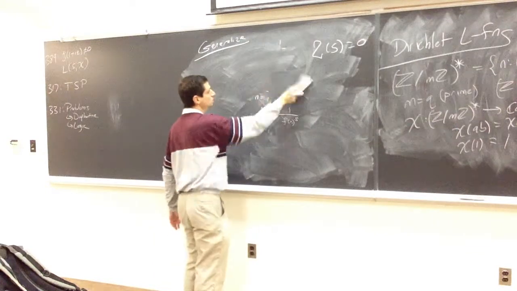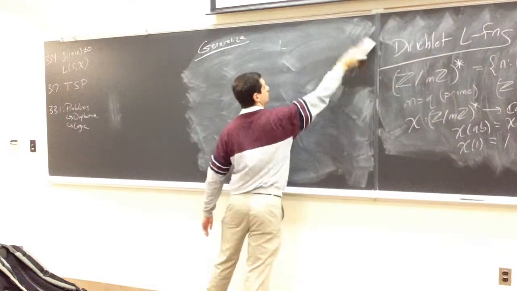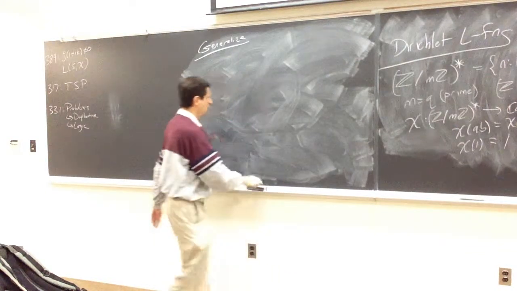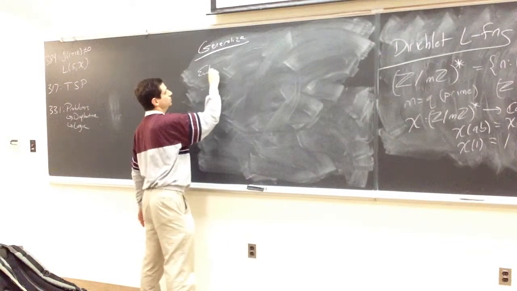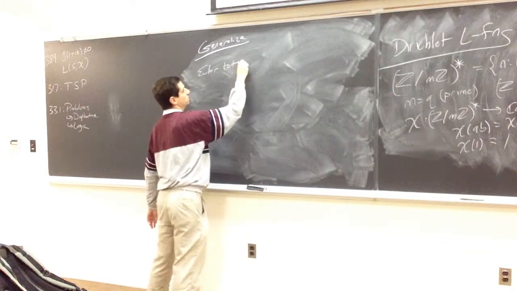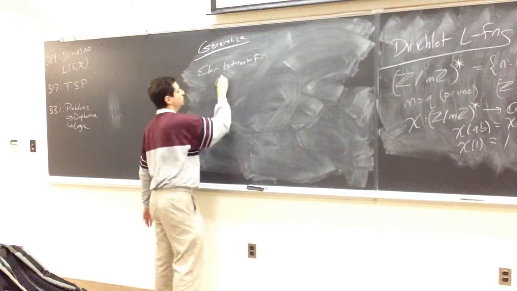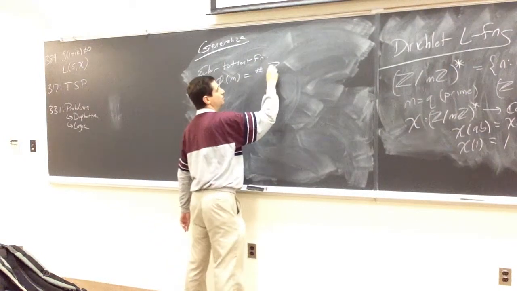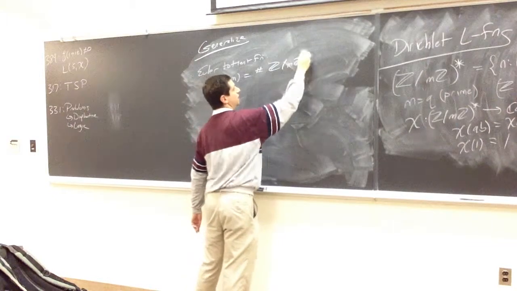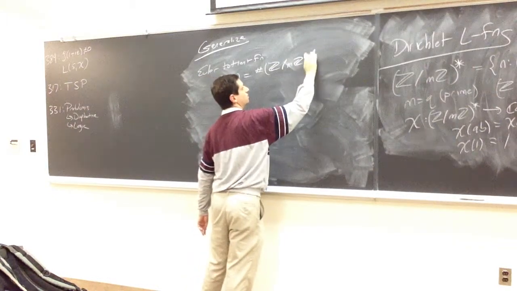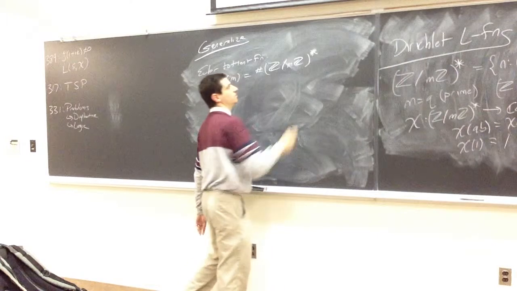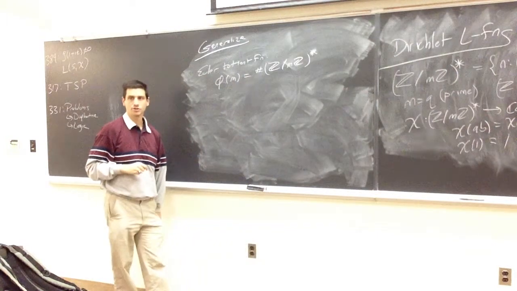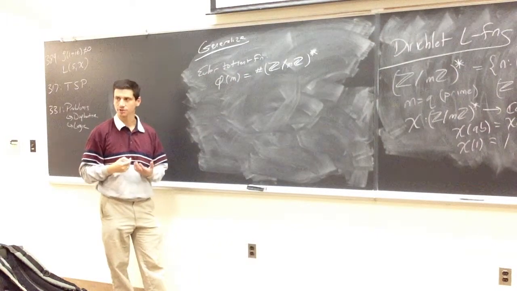All right, so now we have the Euler totient function. Phi of m is the cardinality of Z mod mZ star. So it's the number of elements we have, the number of things that are relatively prime.